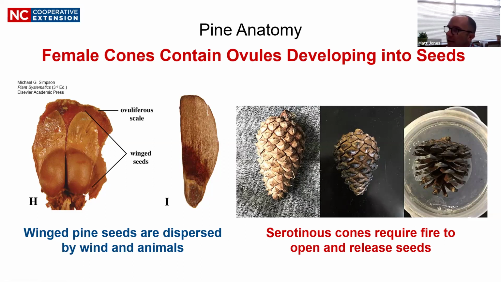In North Carolina, the Table Mountain pine and the Pocosin pine are serotinous, so they need fire to open them up to melt the wax to allow the seeds to fall out. Longleaf pines are not serotinous, however. The longleaf pine ecosystems rely on fire for longleaf pines to get established and to outcompete other species, but their cones will open without the use of fire.